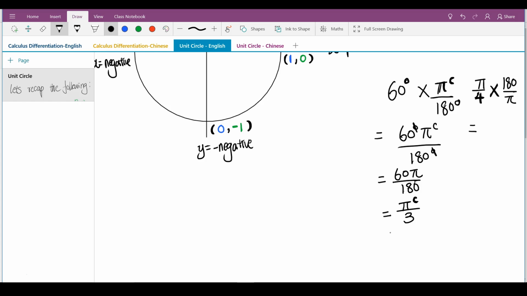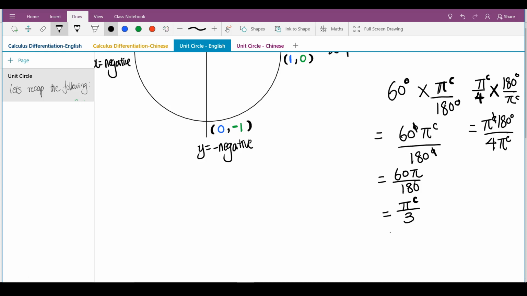It doesn't change any value, but now the units are opposite: degrees is on top and radians at the bottom. Because we're trying to convert radians back to degrees, we want the unit radian to cancel.